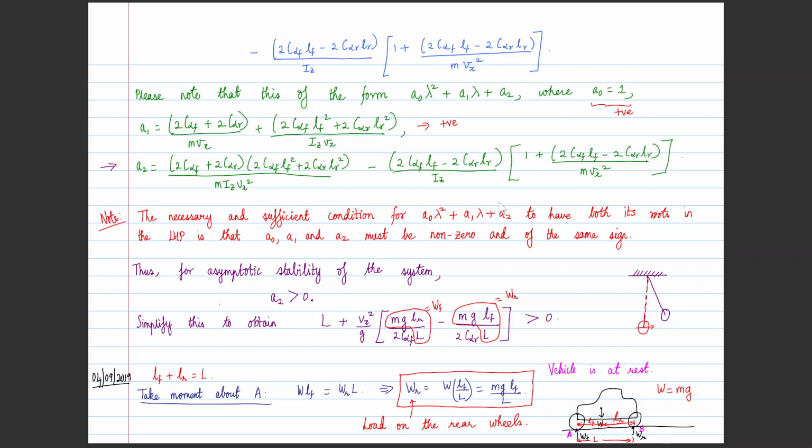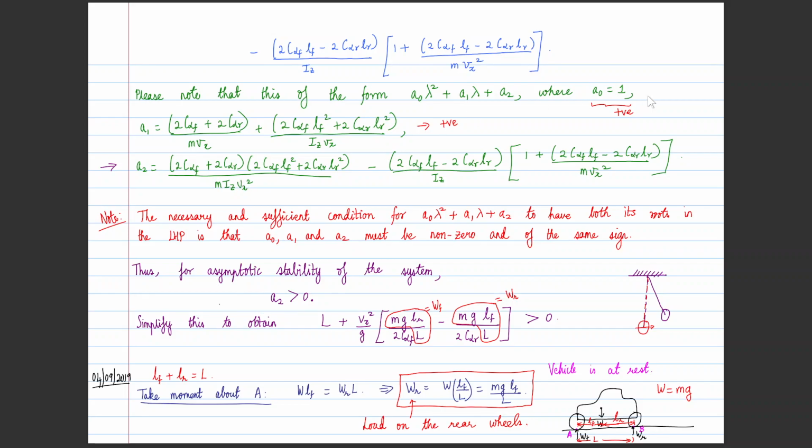Alright, so if you look at the characteristic equation, now we are slightly moving into systems theory and controls, but it's alright. So for stability of this particular system, a0, a1 and a2 have to be positive, right?